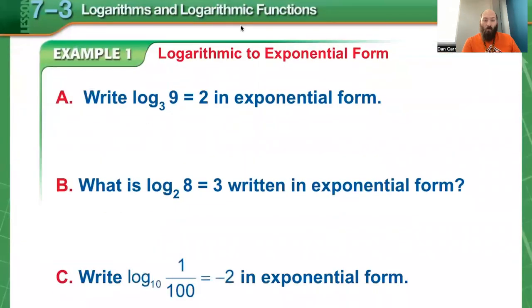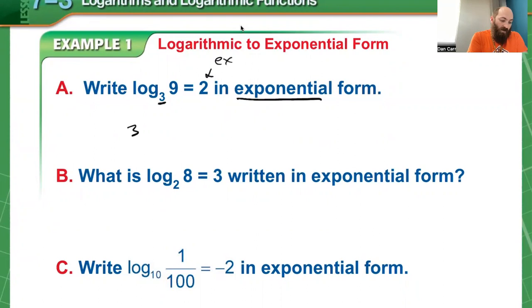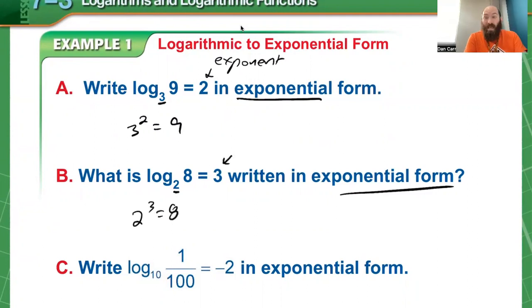Right now, let's just work on transforming them into exponential form. So log base 3 of 9 equals 2. To rewrite that in exponential form, 3 is my base number, and here's my exponent, so that'd be 3 squared equals 9. What is log base 2 of 8 equal to 3 written in exponential form? Again, base 2, 3 is my exponent, so that'll be 2 to the third equals 8.